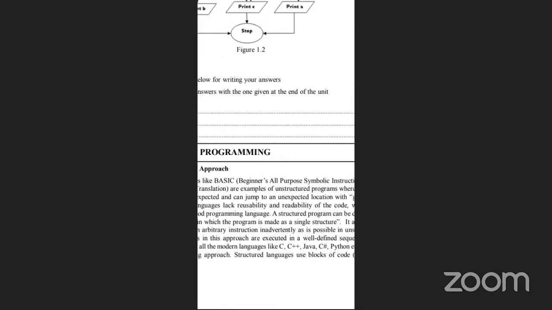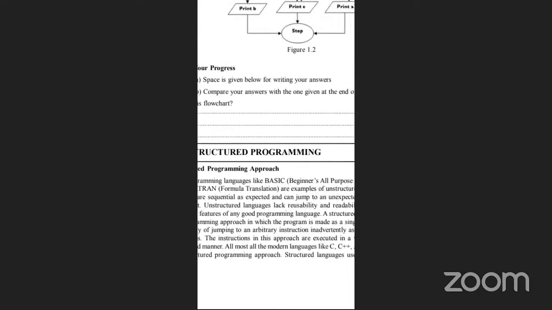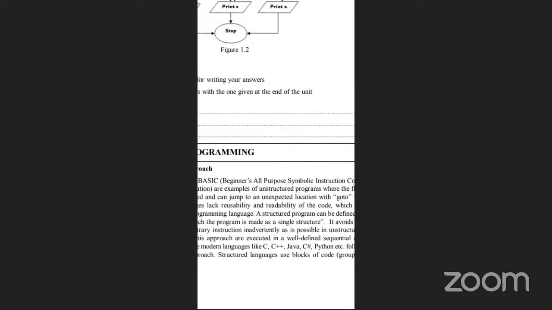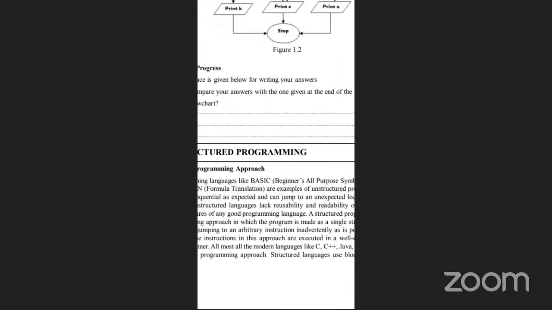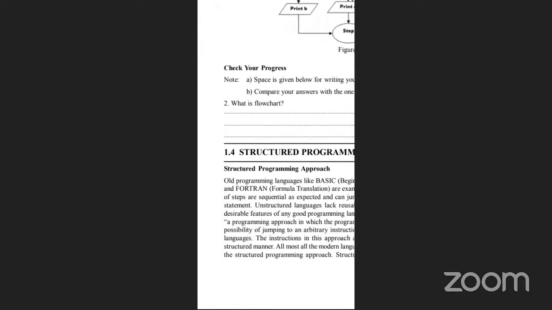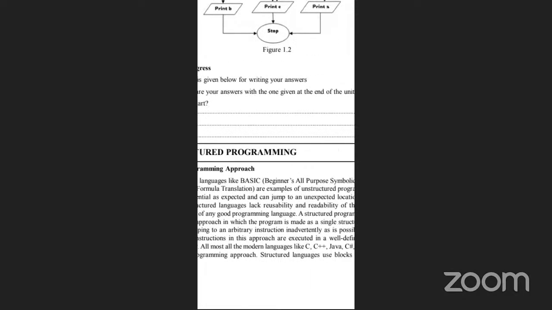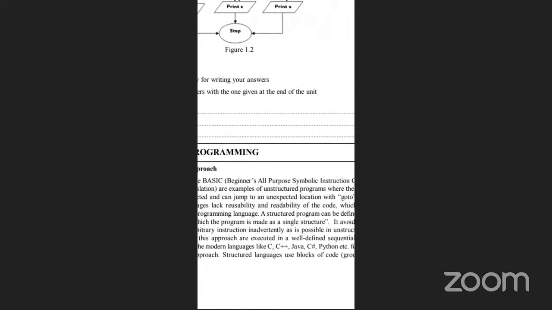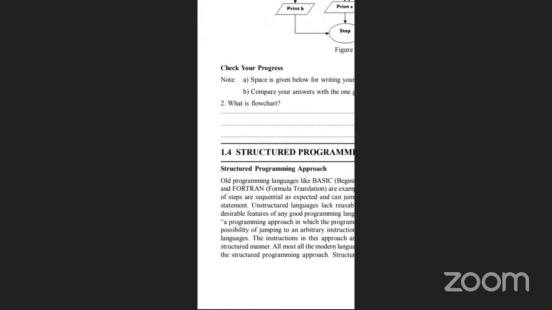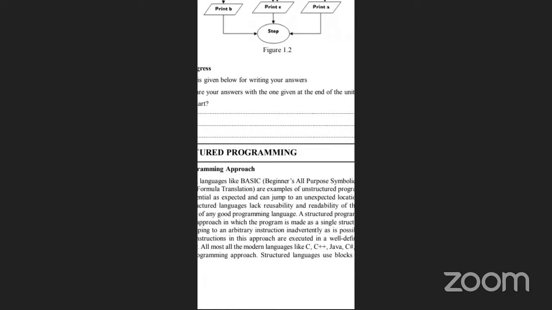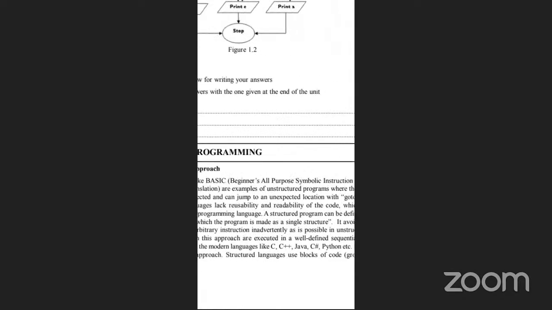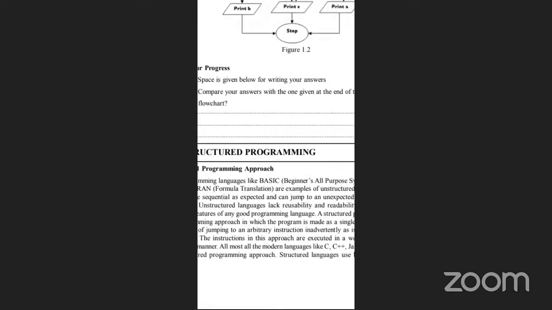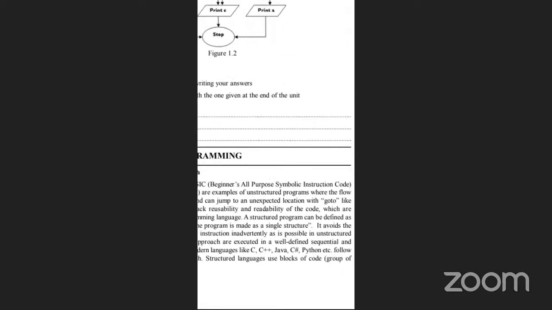In unstructured programs the flow of steps is sequential as expected but can jump to an unexpected location with a go-to like statement. Unstructured languages lack reusability and readability of code, which are desirable features of any good programming language. A structured program can be defined as a programming approach in which the program is made as a single structure.